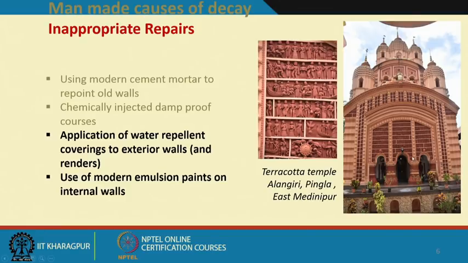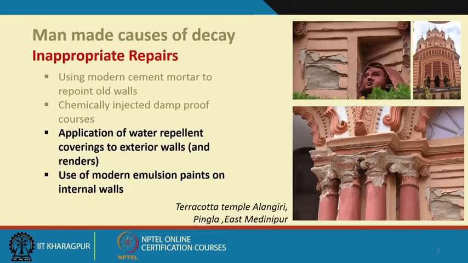This is another structure of a similar nature. It is again a beautiful structure owned by a private party. They have the resources, and there are beautiful sculptures all over from our epics. Because there was a problem and they wanted to repair it and keep it well preserved, they covered it, and they asked the help of craftsmen who were not aware of proper restoration techniques.